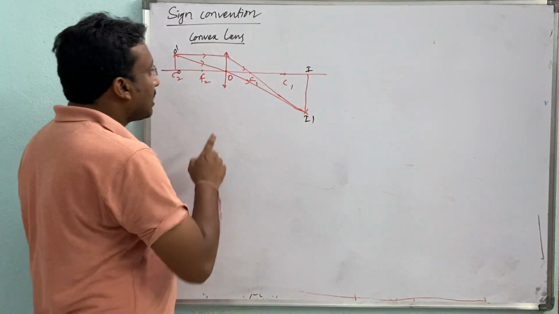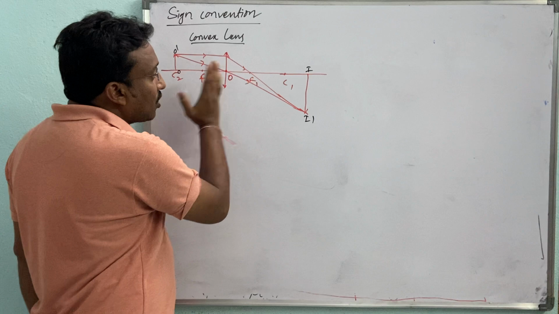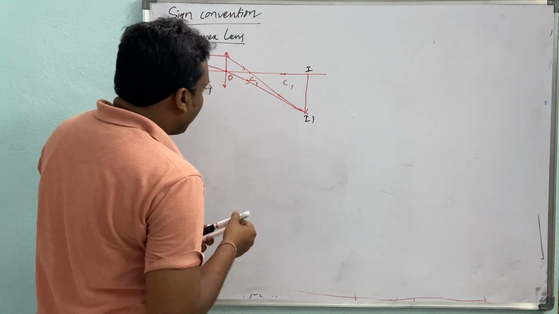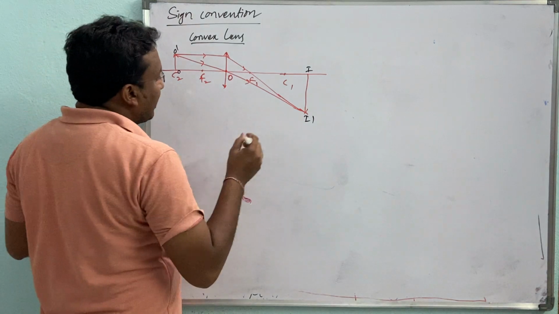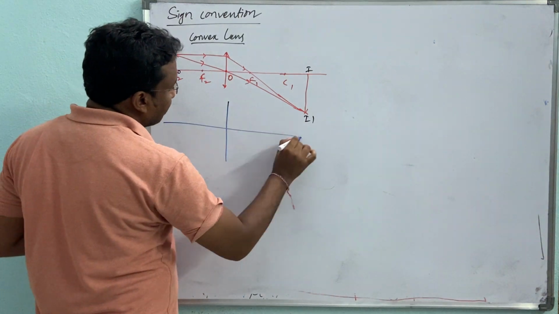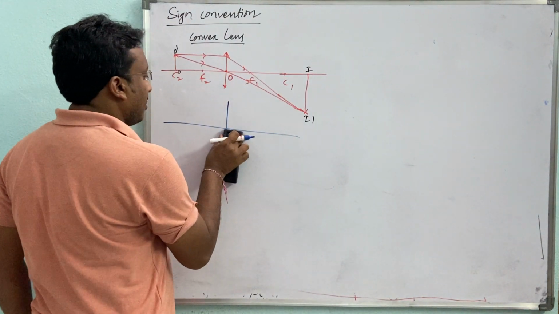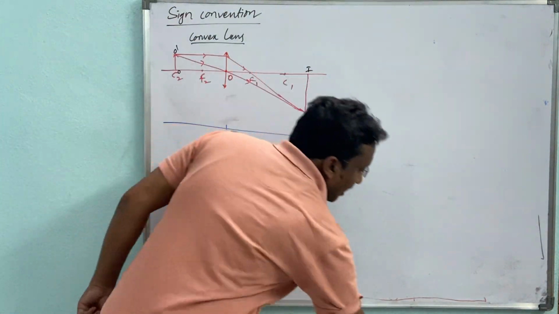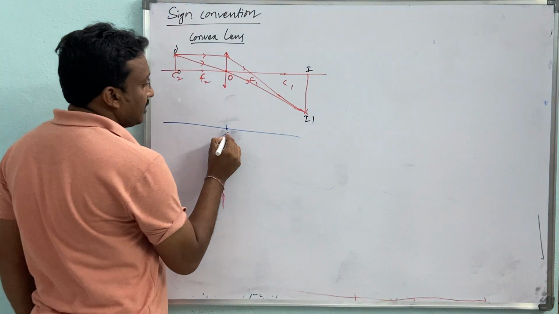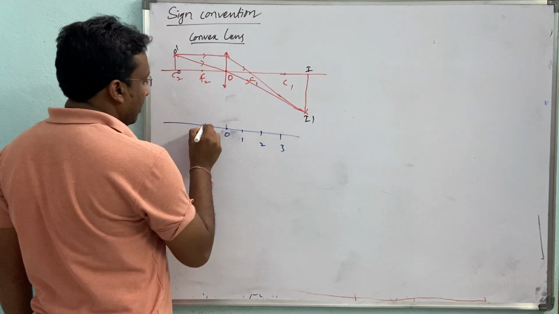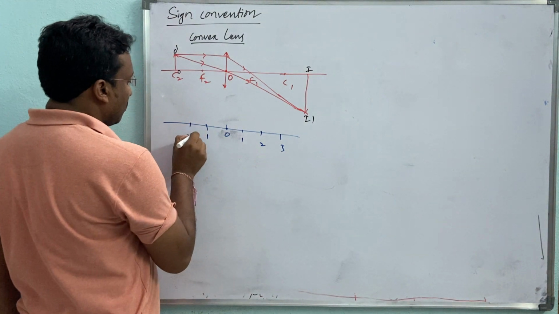Always the measurements we have to start from the optic center. Got it? Then you know the number line system, right? Okay. Number line in mathematics: 0, 1, 2, 3, and -1, -2, -3.